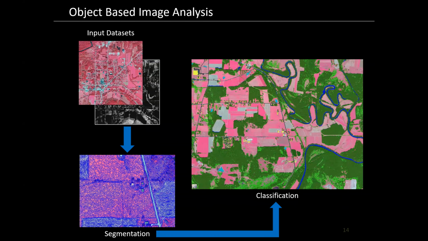So once all the data has been processed, it's time to load it into eCognition and begin creating my segmentation and developing my rule set. So the input data sets, as I showed, were the 4-band imagery as well as the normalized DSM.